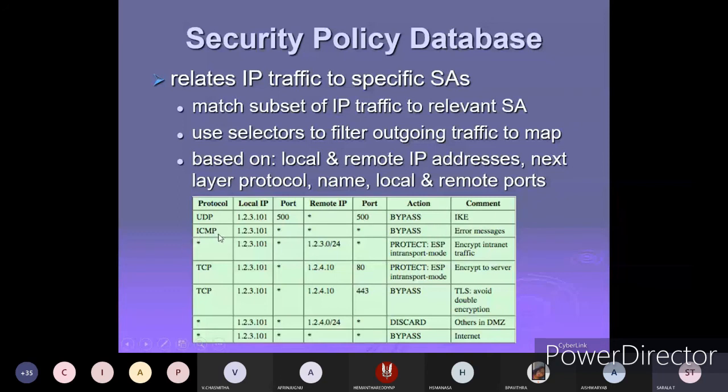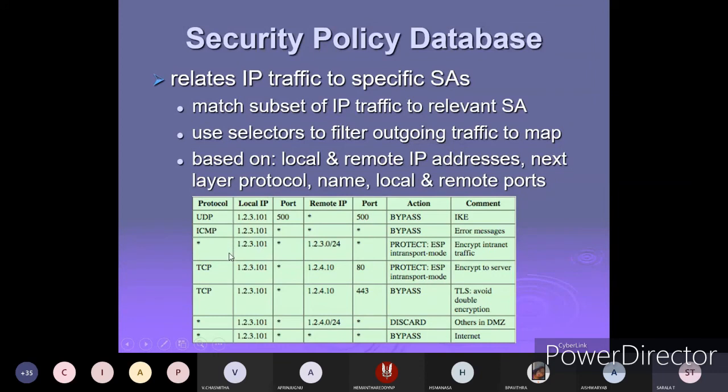If I am going for ICMP, the same IP numbers are there, but you won't have ports. The action is error message: if you don't get this port information, an error message will be there without any protocol. But a remote IP is present. Protect, ESP transport mode, encrypt intranet traffic, which means here you don't use any protocol, but a local IP address and a remote IP address are there.